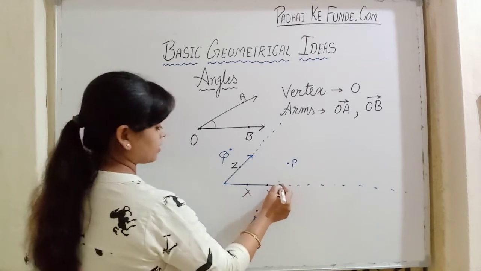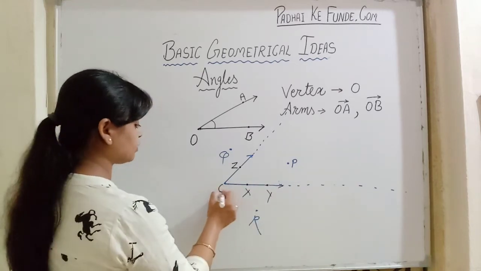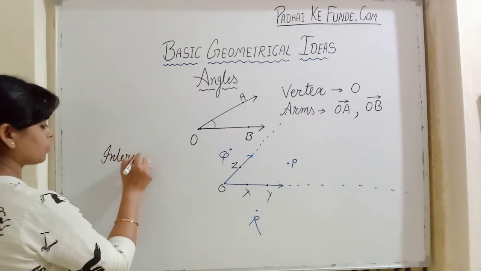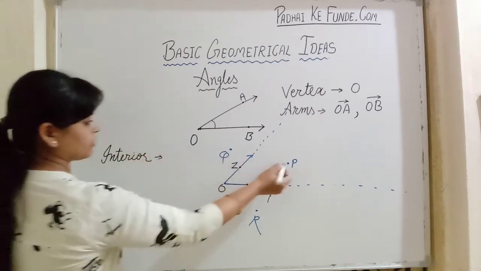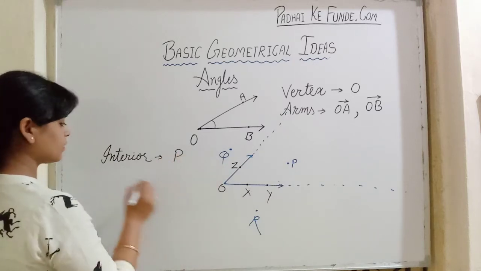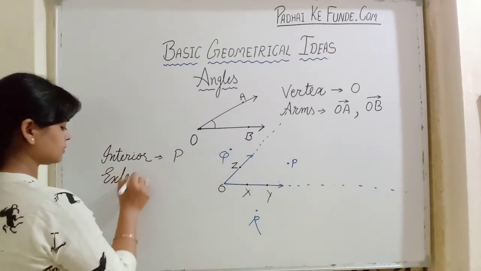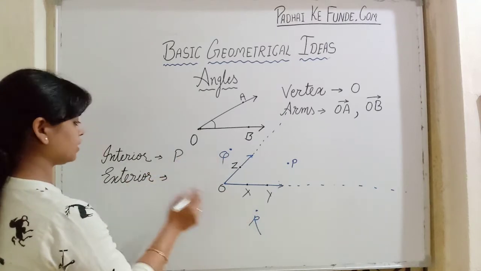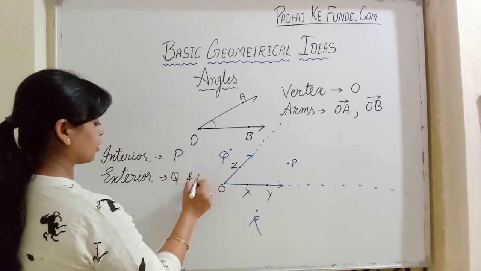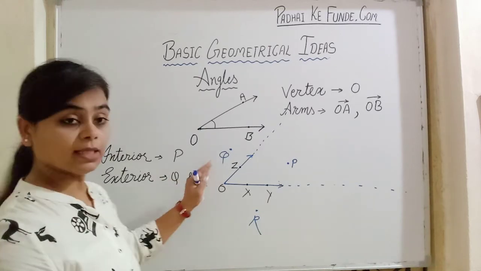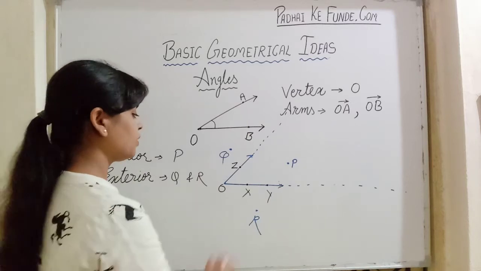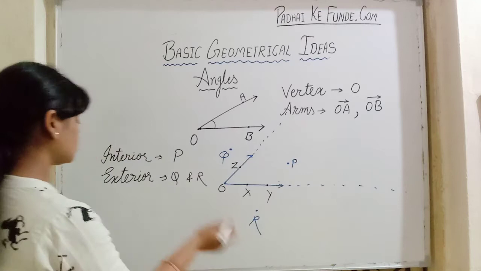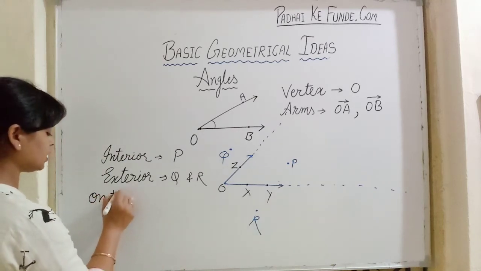So in the figure I have drawn here, in the interior we have point P. In the exterior we have point Q and point R. And on the arms of this angle we have points X, Y and Z, which will be called on the angle.